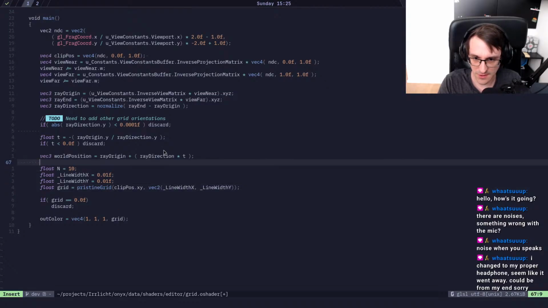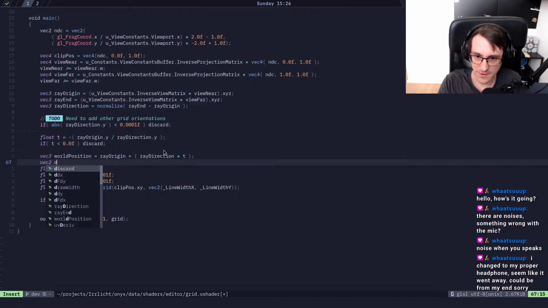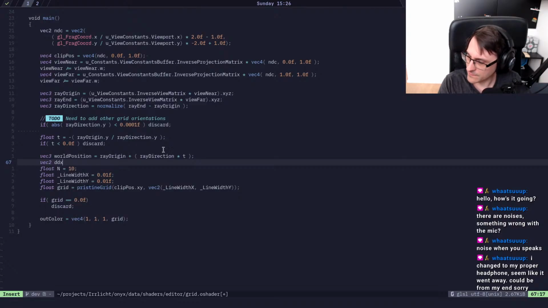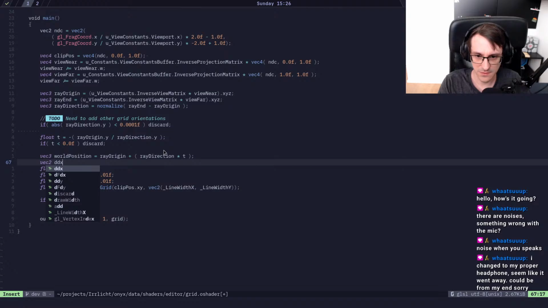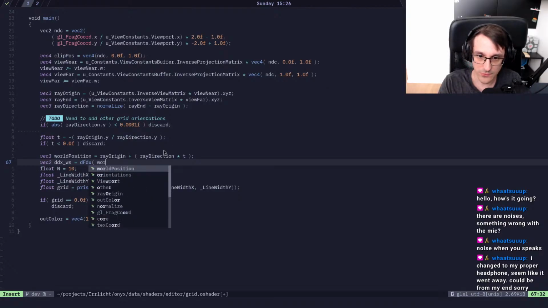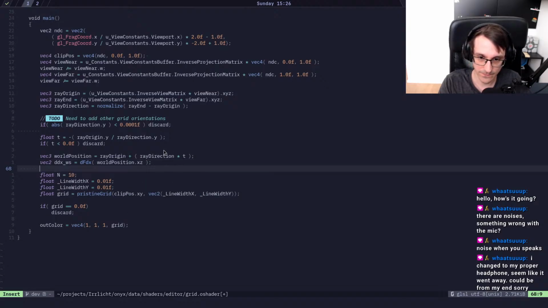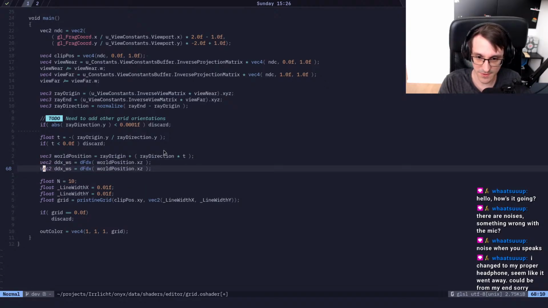We can already try something, which is vec2 of the ddx in world space. It is our dFdx of the world position xz, because that's the plane we are interested in, right?